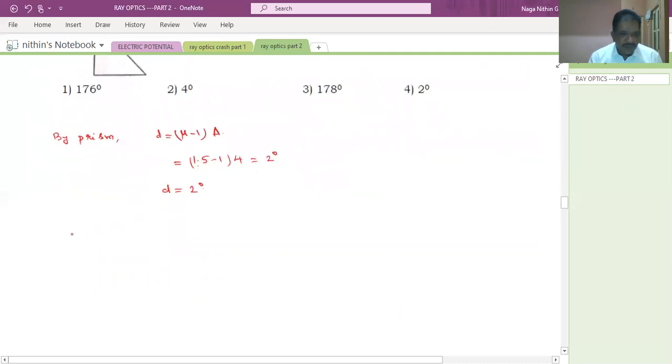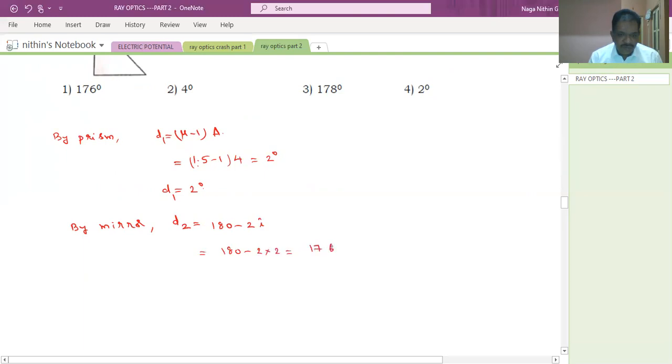Next, by mirror. Take it as D1 then D2 is equal to 180 minus 2i. I is here 2. 180 minus 2 into 2.